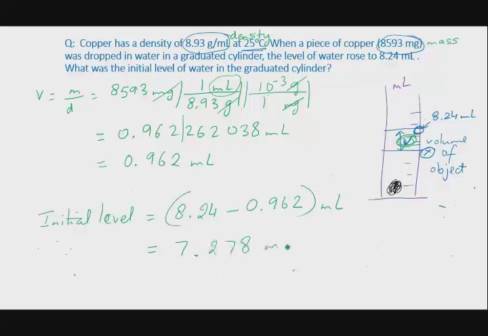7.278 mLs. Now notice that in this case we've already rounded to 3 sig figs here, but we will have to round again based on decimal places because this is a subtraction step. Remember I said previously that if the operations being performed are multiplication and division only, then round at the end, the final answer.